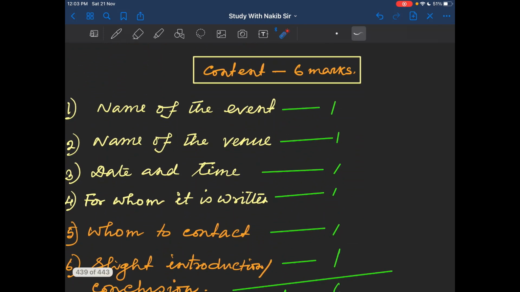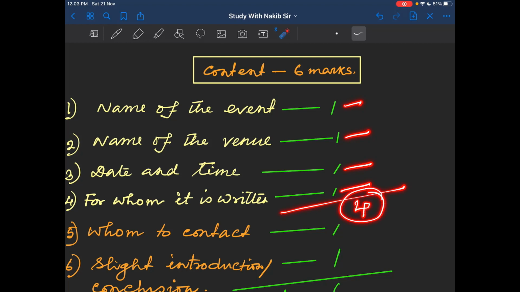And for the content, you have got 4 points from the instruction. The first point, name of the event, 1 mark. And the second point, name of the venue, 1 mark. And the third point, date and time, 1 mark. And for whom it is written, 1 mark. That means 1 plus 1 plus 1 plus 1, you got 4 marks.